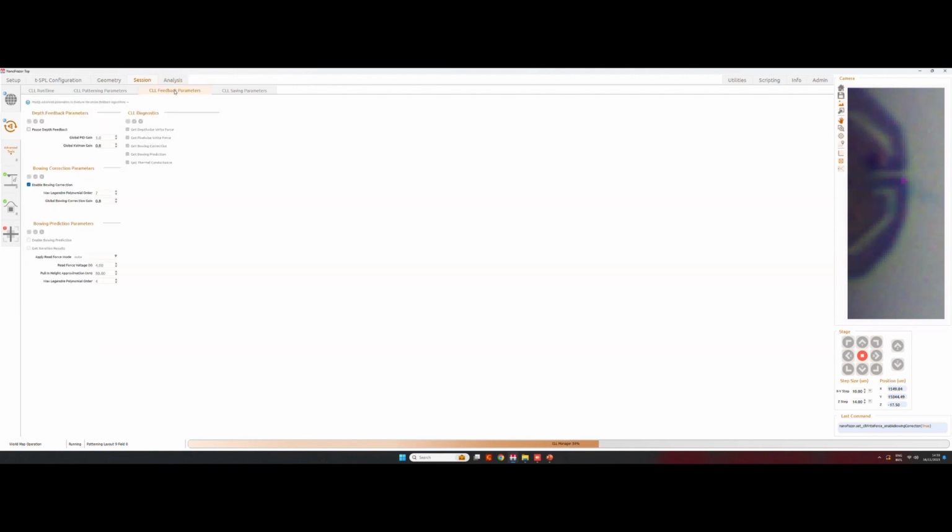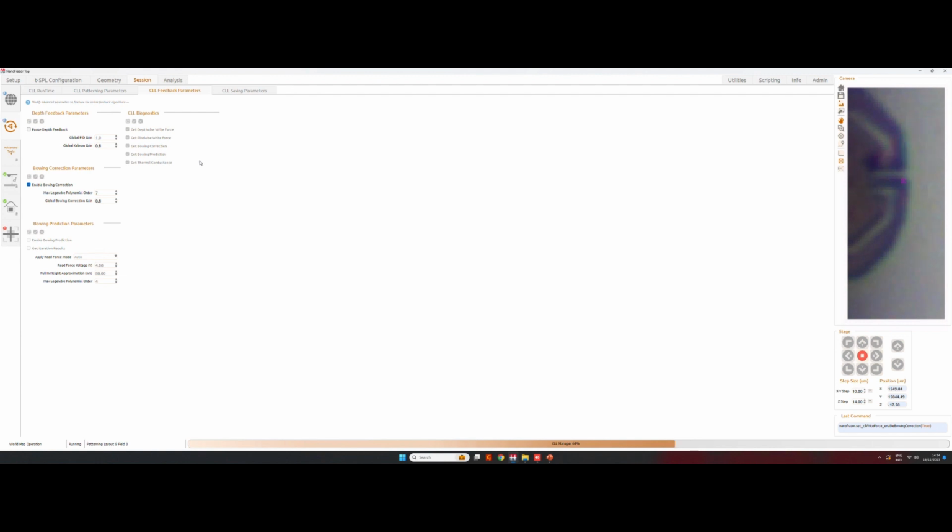The bowing correction is not always turned on. In some cases, it may cause some issues with the feedback. So in most cases, I would say the bowing correction can help you in achieving better patterning with the Kalman feedback mode. Also, the bowing prediction can help you improve your patterning quality if you're struggling.